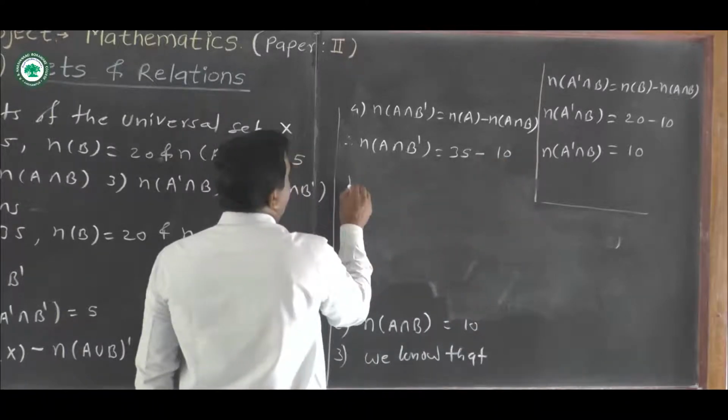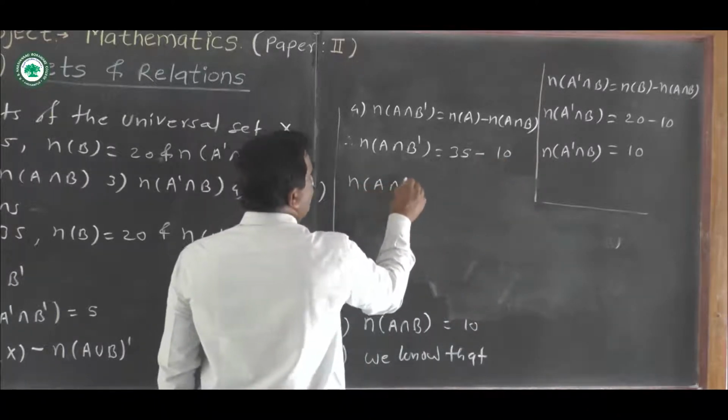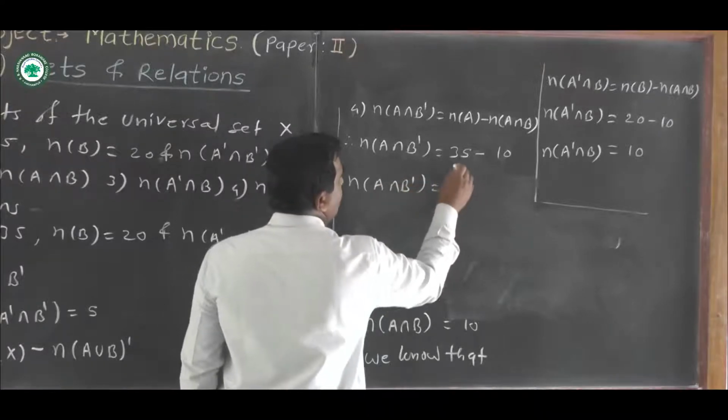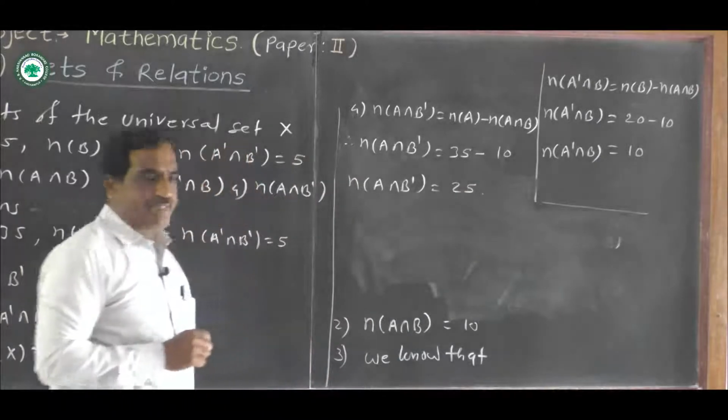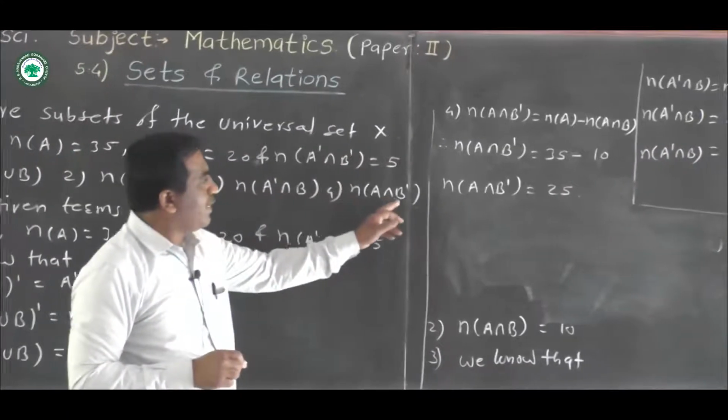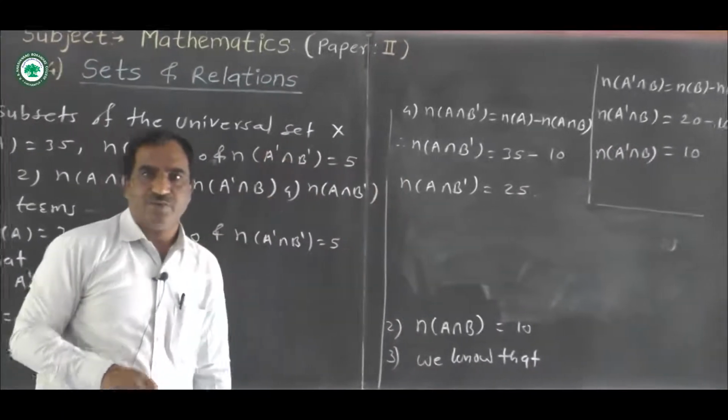That is, we get number of A intersection B dash is equal to 35 minus 10, which means 25. This is the value: number of A intersection B dash is equal to 25.